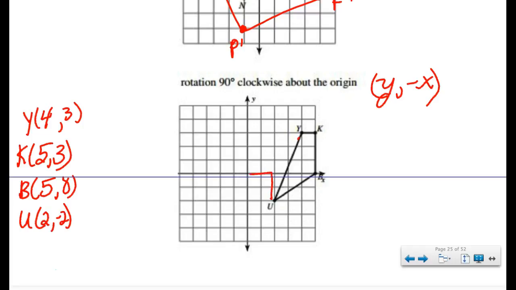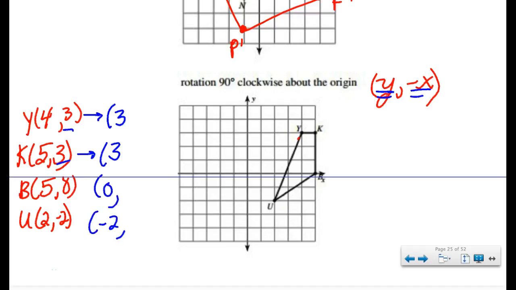That's where they are now. Again, we call that the pre-image. We are going to rotate this 90 degrees clockwise. So we're going to take every point and send it to the y value, opposite of x.